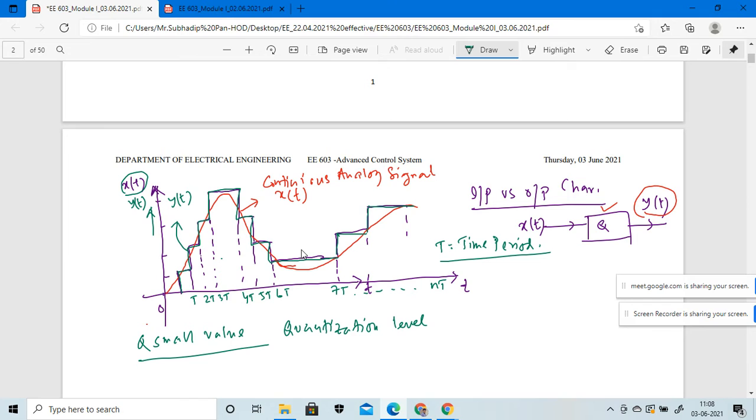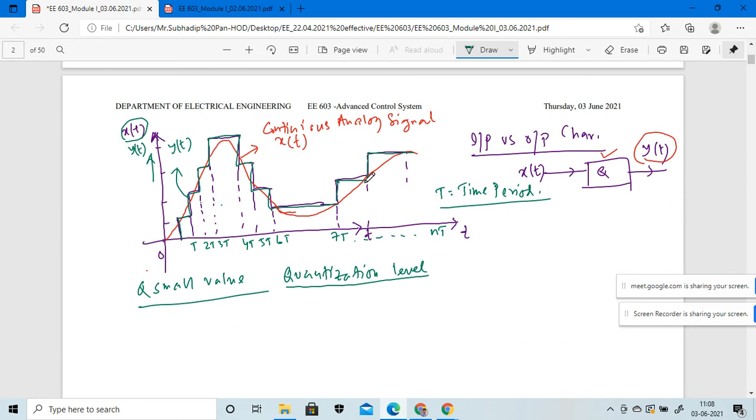Since q is very small, the quantization effect will also be very small. So what will be the effect on the quantization error? It will be distributed uniformly between what?